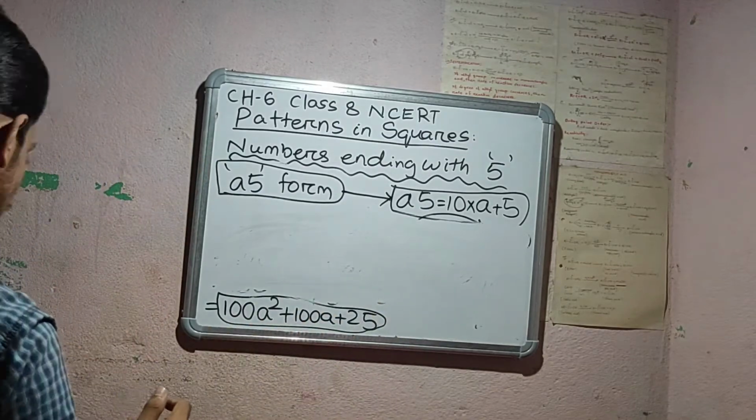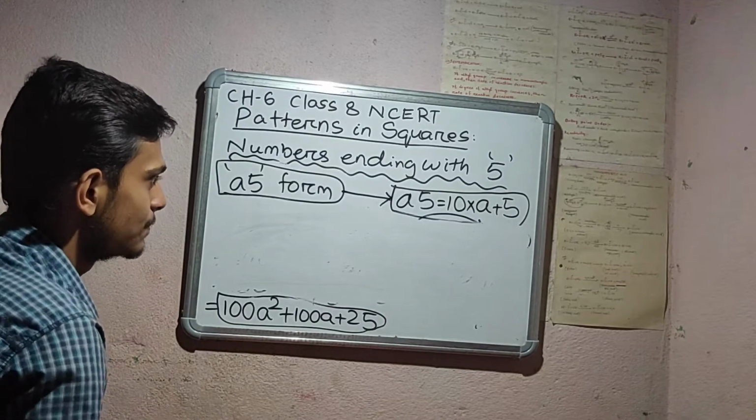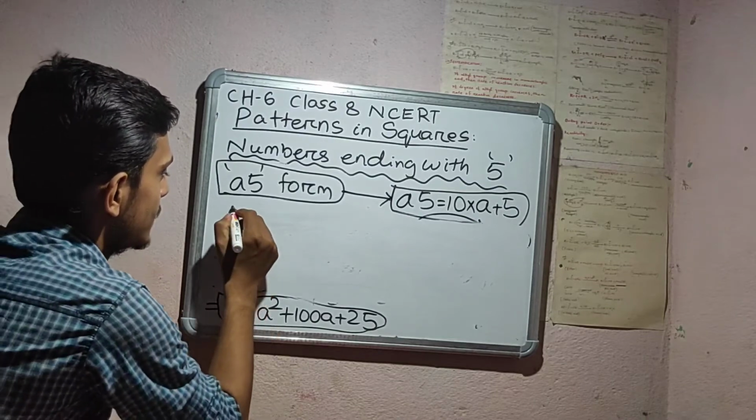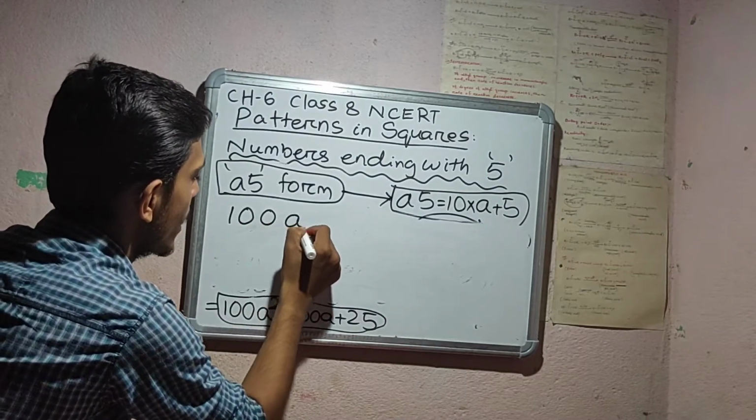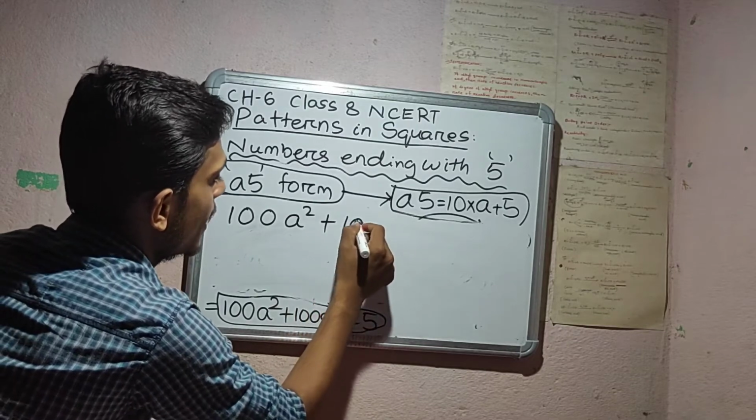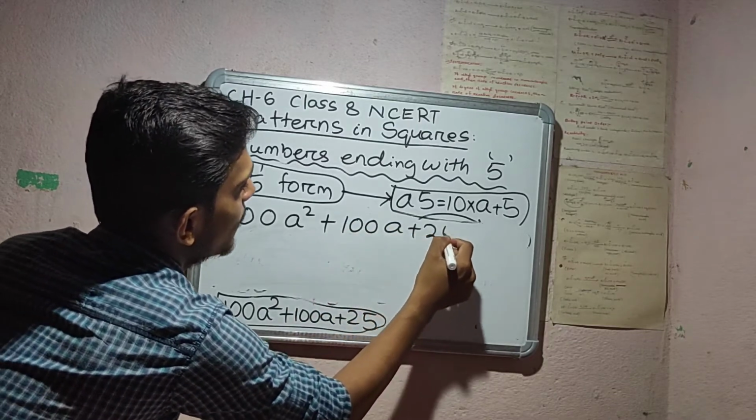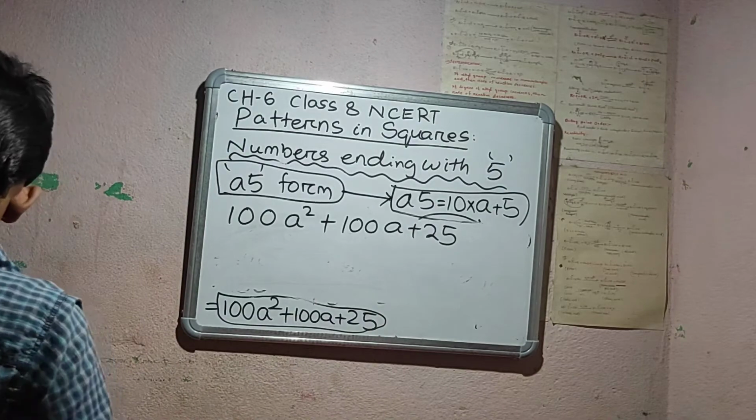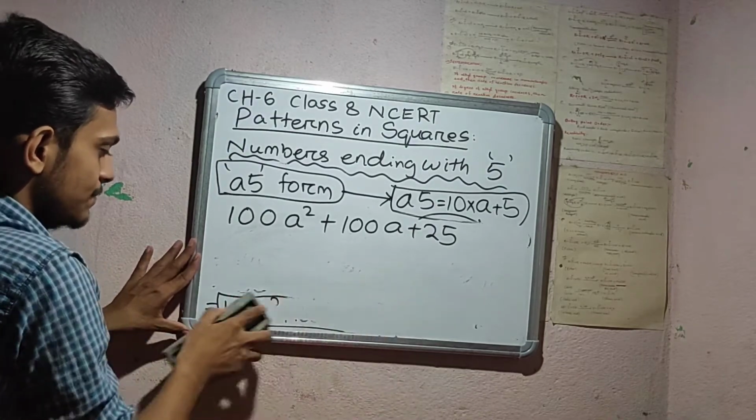So this is the term: 100A square plus 100A plus 25. This is the term. I erased.